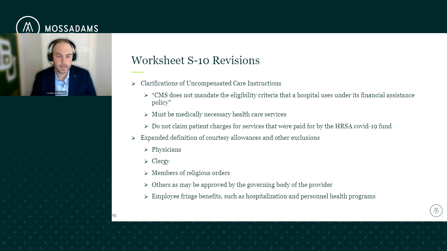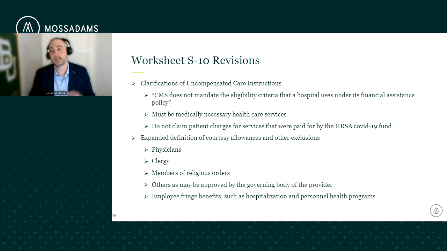The only other thing I'll point out on this slide is that they added language regarding medically necessary healthcare services. Those discounts that are included on S10 must be medically necessary healthcare services. What we ran into sometimes is hospitals identifying elective or cosmetic surgeries within S10, some type of package plan discounts, and sometimes including those on S10.